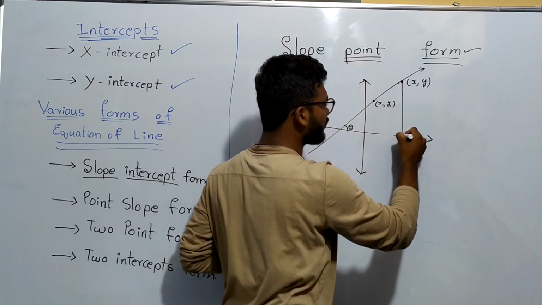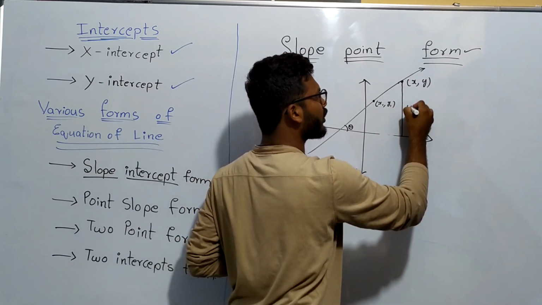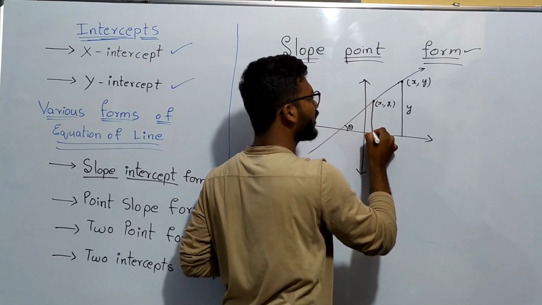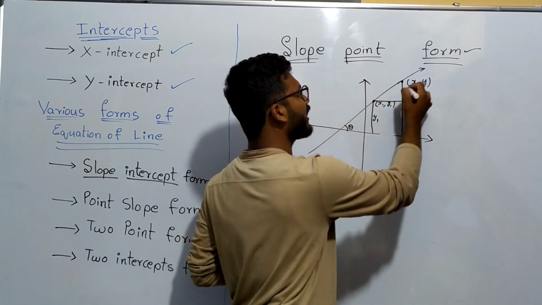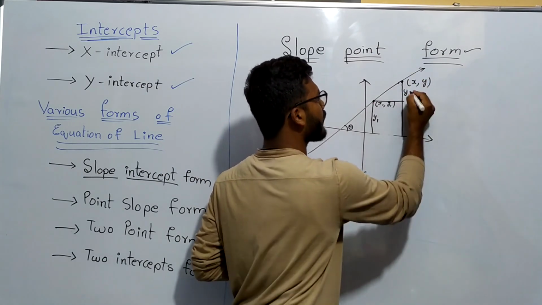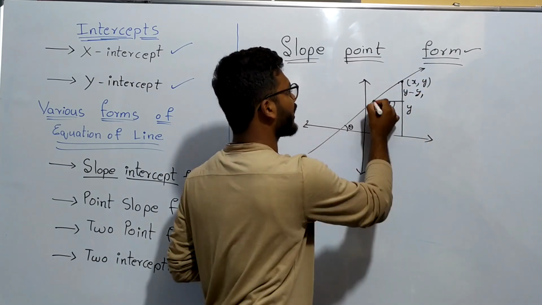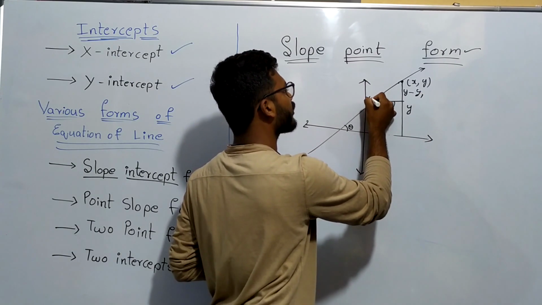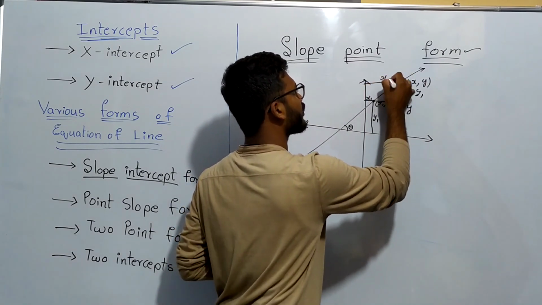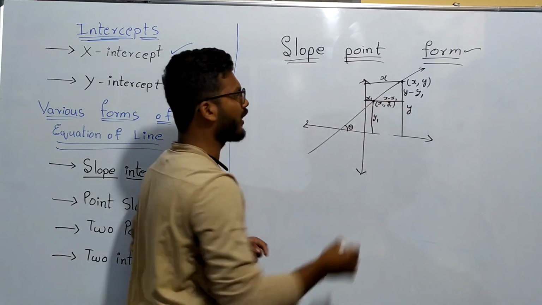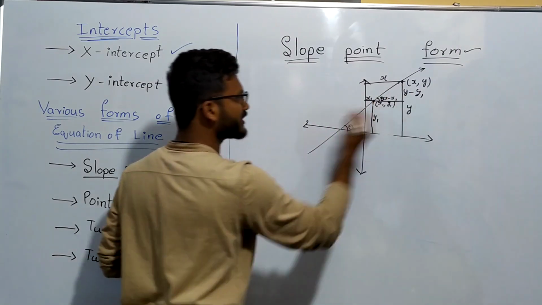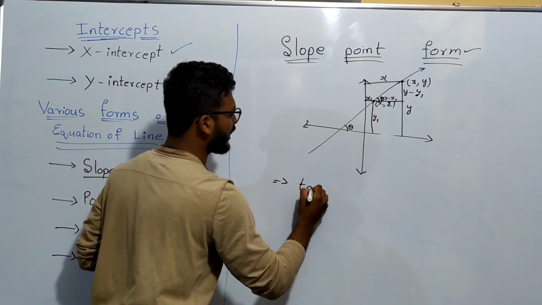So this total distance is y, and here it is y1. If I draw a right angle triangle here, this will be y minus y1. In the same way, up to here it is x1 and total is x. So this distance is x minus x1, and here the angle is theta, right? In the same way, if I derive tan theta, what will you get?